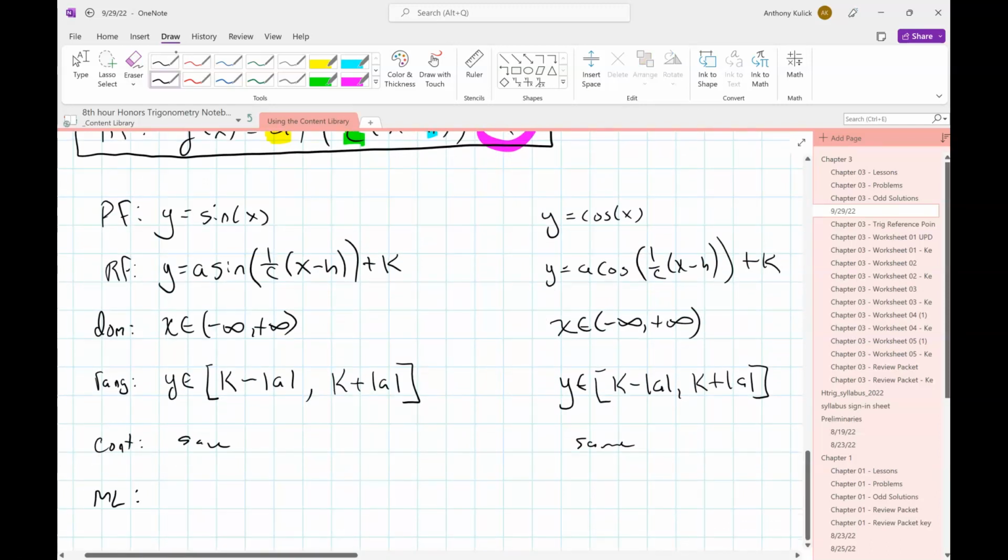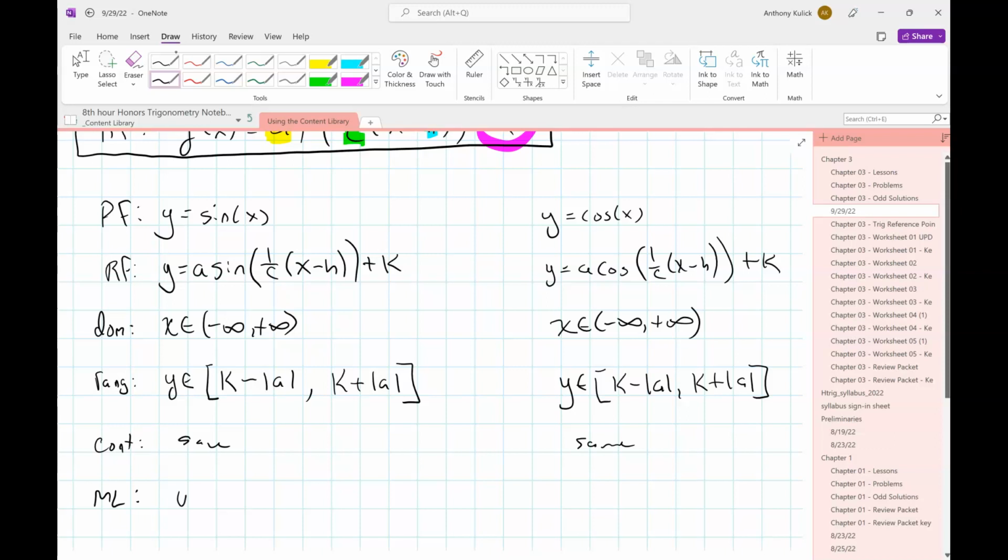Okay. Midline. Can a transformation change the midline? Yeah, absolutely. Which of A, H, C, or K is going to change the midline? K. Just picking it up and moving it up or down will change where the middle of the graph is, right?